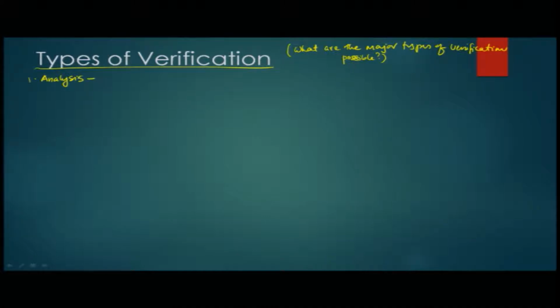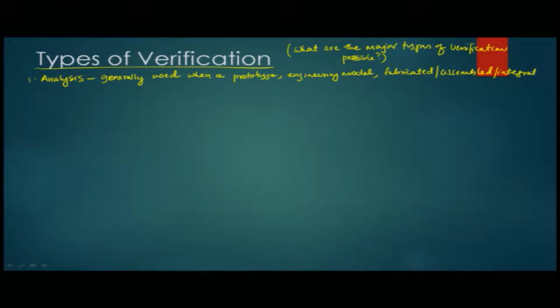Analysis is a type of verification, and what is analysis? It is a verification that is generally used when a prototype, okay, or an engineering model or a fabricated or assembled or integrated or manufactured product is not available.